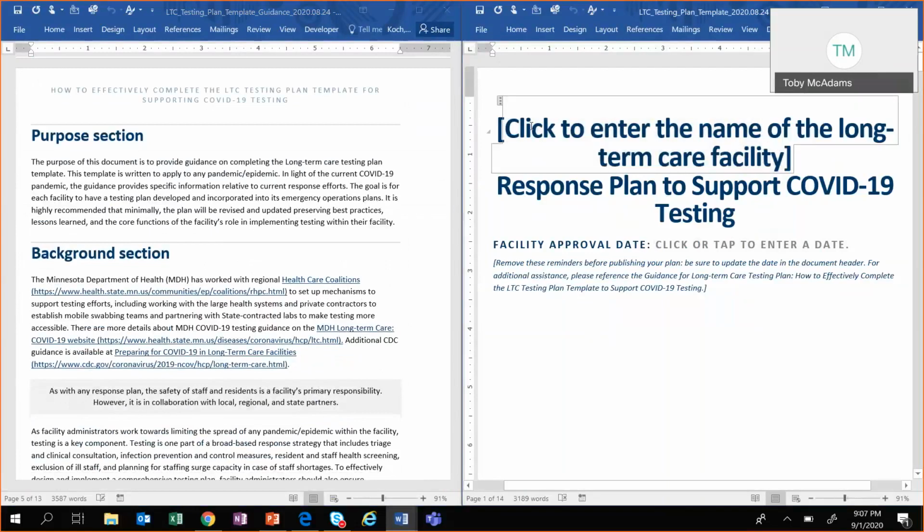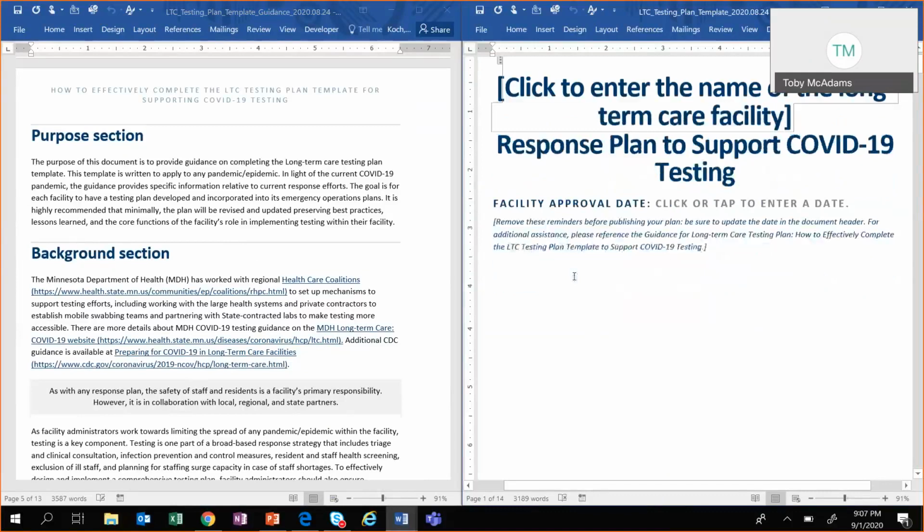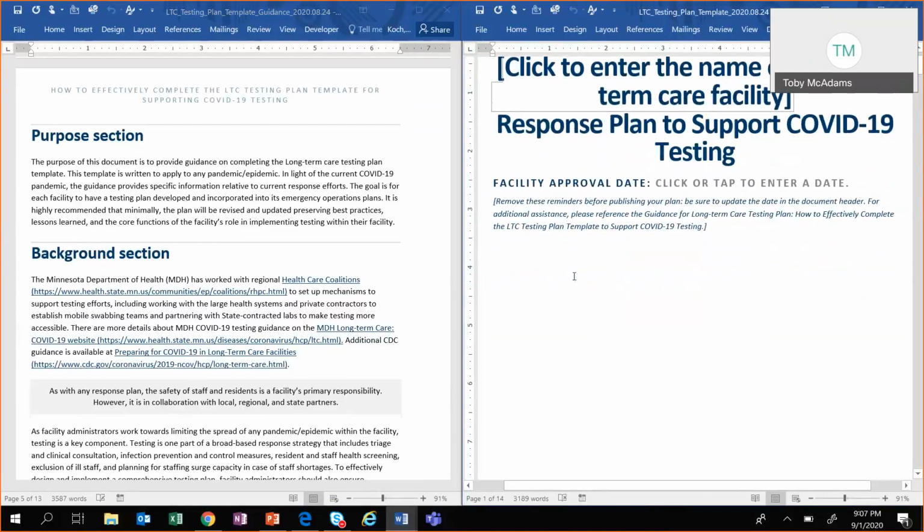So that, again, it's an easy cut and paste over into your EOP, or maybe just a straight attachment to your EOP, which would probably be the easiest and most ideal, but whatever is best for your structure. Okay, and then you have the date, and this is when your facility has approved the testing plan itself.